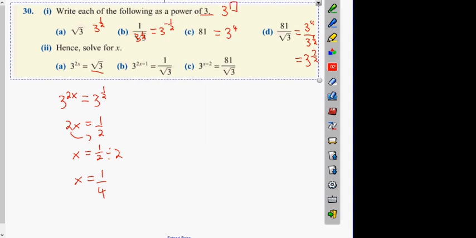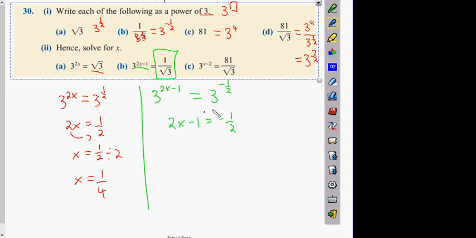Now the last one, guys, is 3 to the power 2x minus 1. And what did we say this here was? 1 over 3 to the power of a half, which is 3 to the power minus a half. Now, what's our next step after that? 2x minus 1 equals minus a half. Now guys, here's where we're going to slip up. When we bring the 1 over to the other side, it's just going to be the calculator work with the fractions.